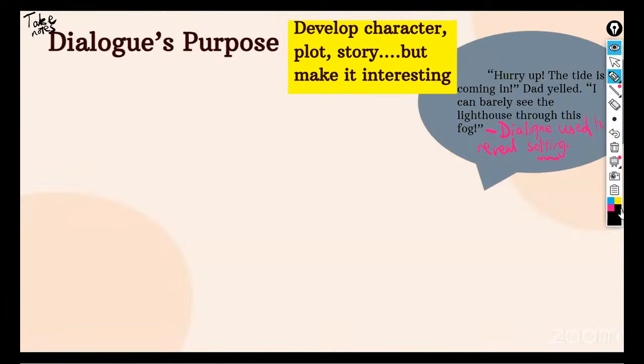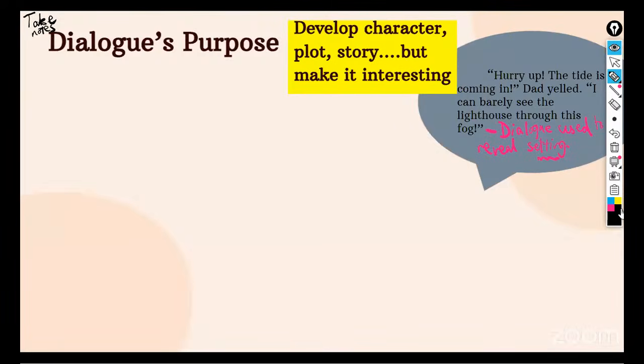So this first example that you're seeing is dialogue used to reveal setting. That's not all it reveals, right? We know the characters are probably stressed because he's talking with exclamation marks. And they're fighting against time and the tide, and those things you cannot stop.